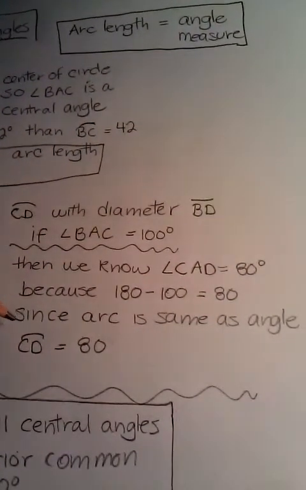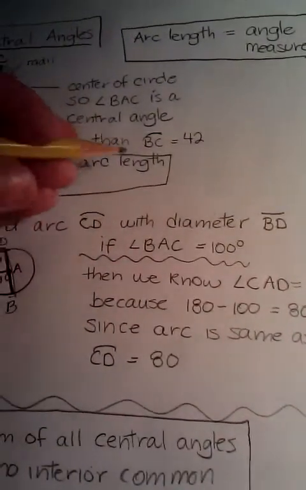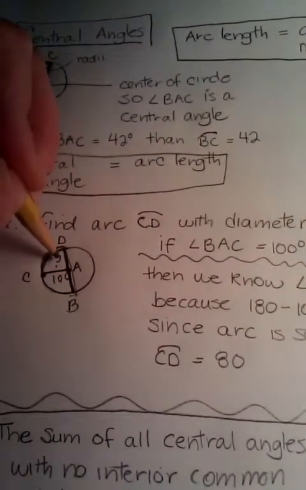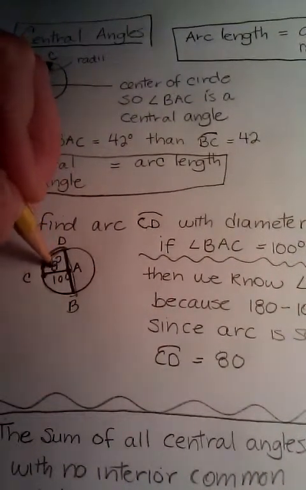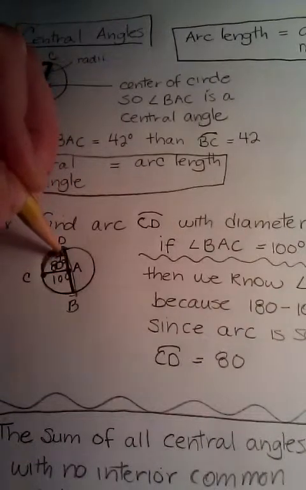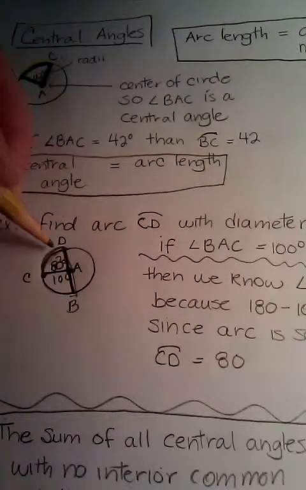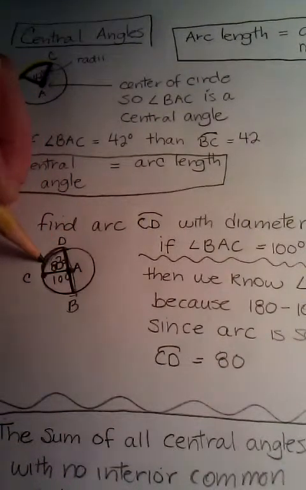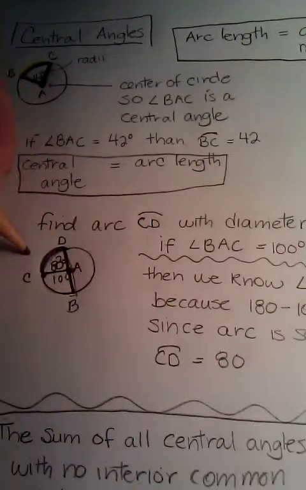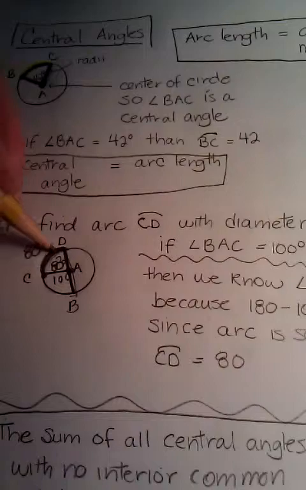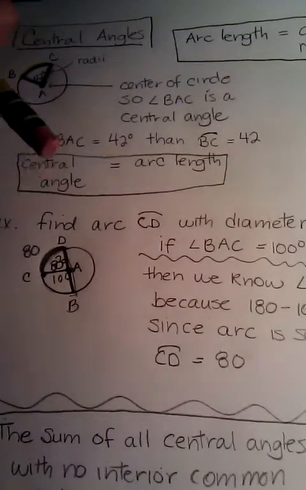And since the arc is the same as the angle, I just found out that this angle was 80 degrees. Since this angle is 80, and its center point is here in the center, because that's a central angle, then the angle measure and the arc are the same. So that's 80. So I know that the measure from C to D is 80.